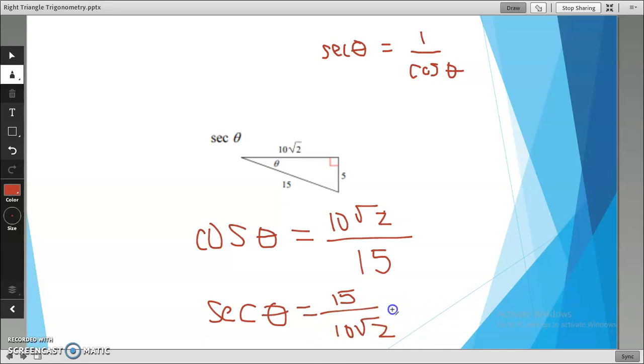I can't leave that root 2 down there, remember? So I'm going to multiply the top and the bottom by root 2 to get rid of that root 2. So I get 15 root 2. Root 2 times root 2 is just 2, so that's going to give me 20. Still have to always reduce, so that's going to give me 3 root 2 over 4.